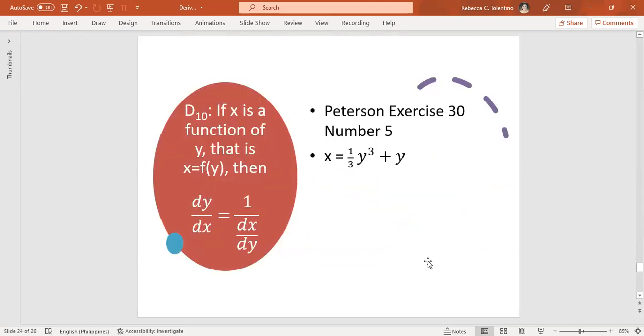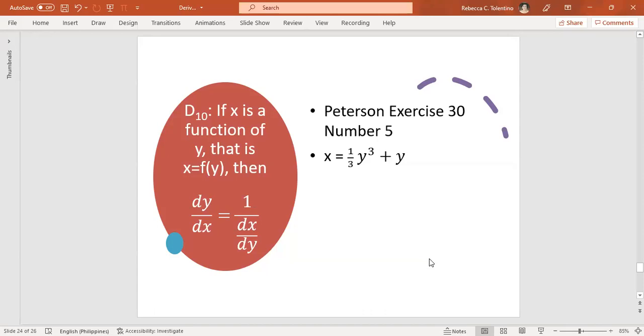Okay. Now the last formula for the basic differentiation rules is finding dy over dx when x is a function of y. So instead of y being a function of x, we have x expressed in terms of y. So you get dy over dx by just getting the reciprocal of your dx over dy. So in this case, we have x equals 1/3 y cubed.